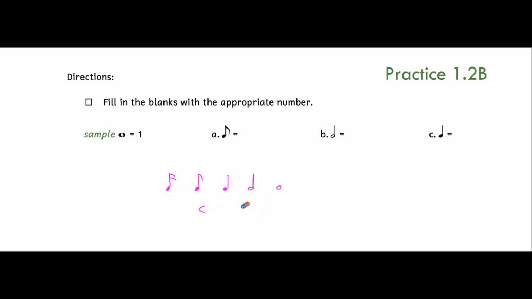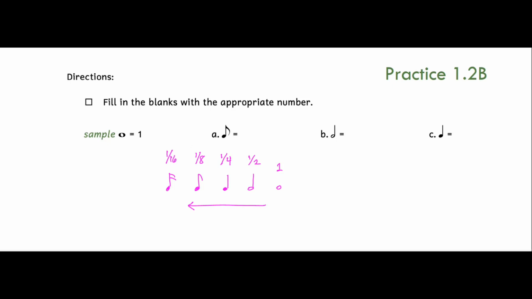So let me show you how we're going to apply this to this exercise. In the sample here, the whole note is equal to 1. So if the whole note is equal to 1, we know that each of these note values is getting smaller. So a half note would be equal to half, a quarter note would be equal to a fourth, an eighth note would be equal to an eighth, and a 16th note would be equal to a 16th.